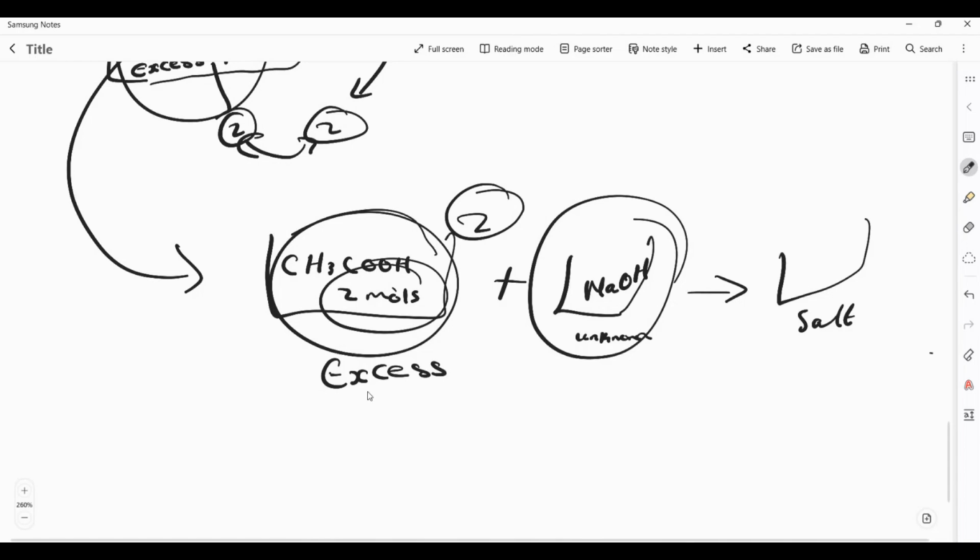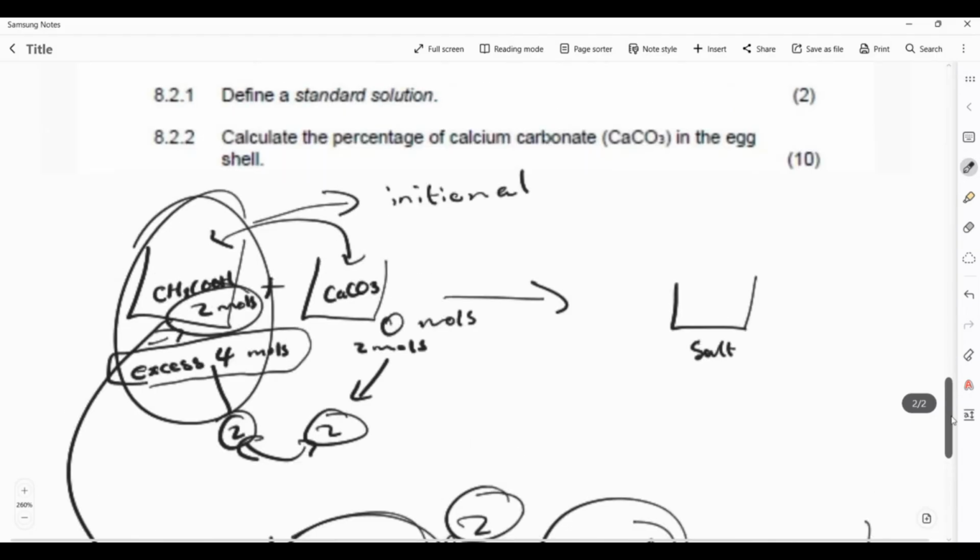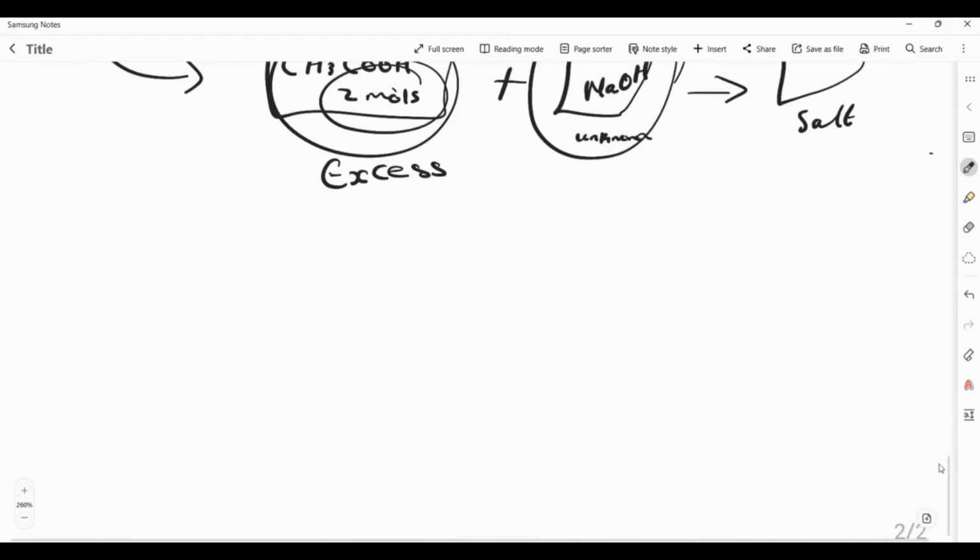Now from there, what we're going to need is actually the number of moles that have reacted. What I want to tell you guys is to just keep this formula. This is the formula that you are going to use in questions like this, where you have double reactions, an excess reacting in another reaction.